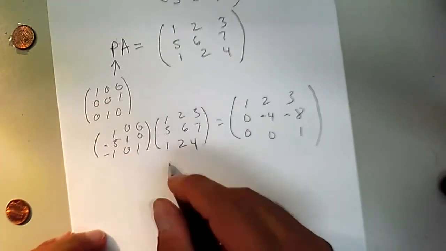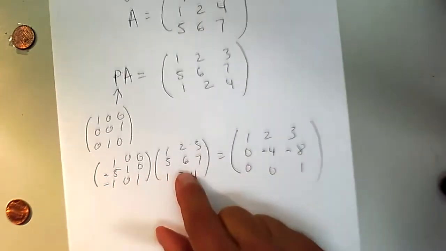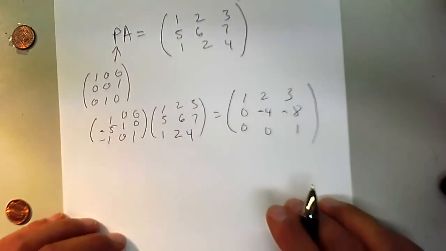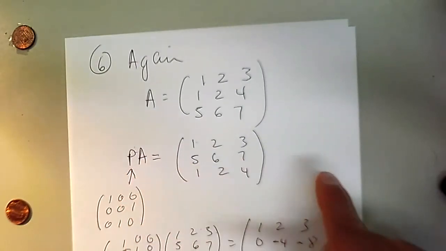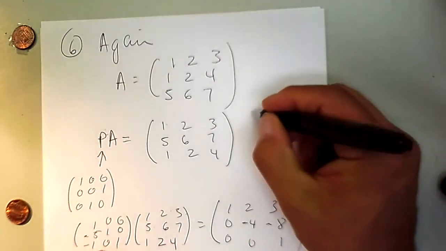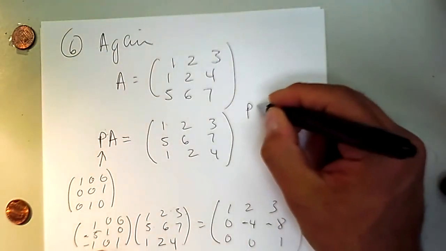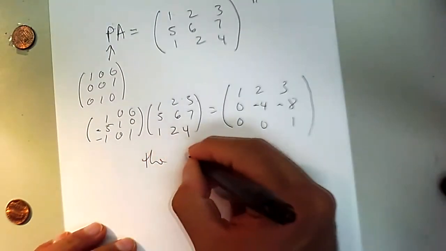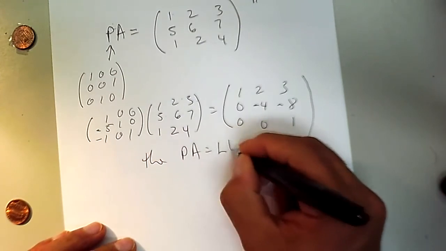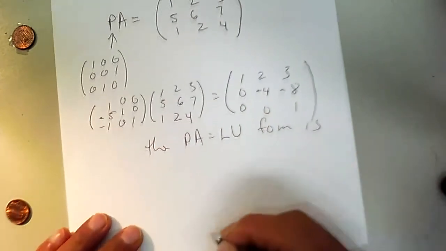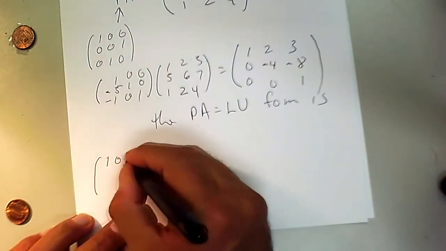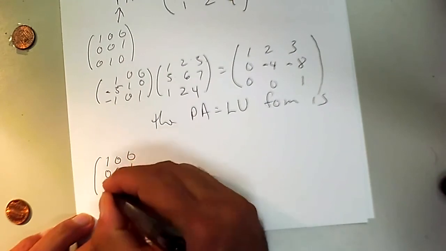Keep in mind, this is not A. What we did is, if I was asking for the factor in the PA equals LU form, the P is 1, 0, 0, 0, 0, 1, 0, 1, 0.